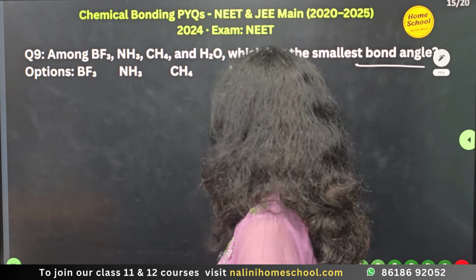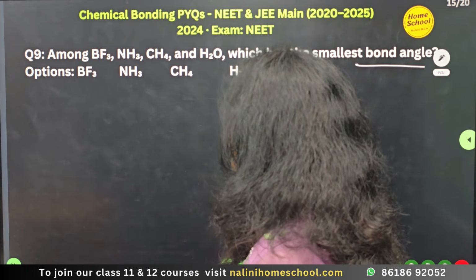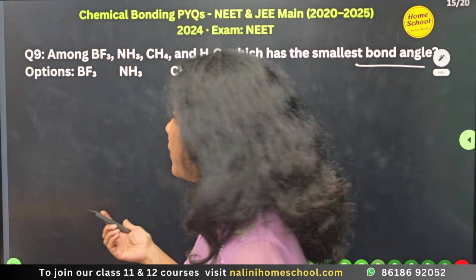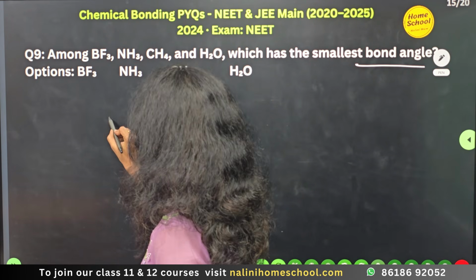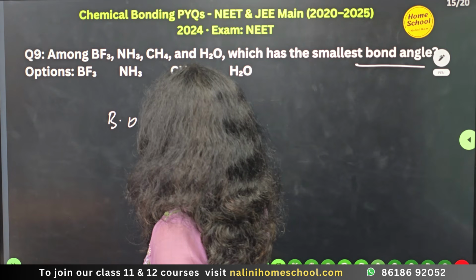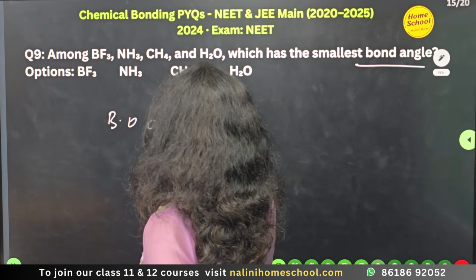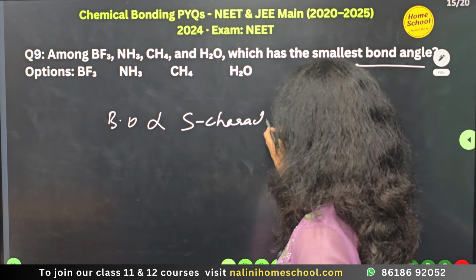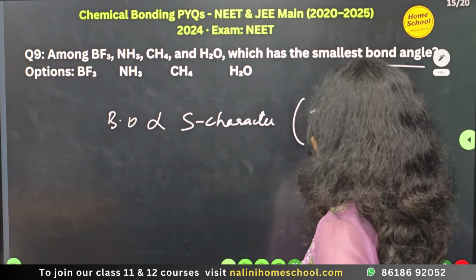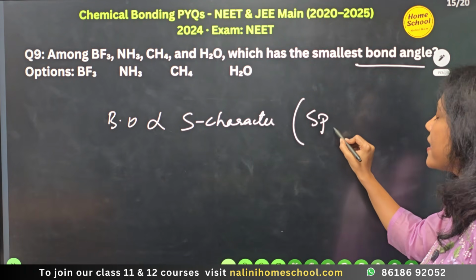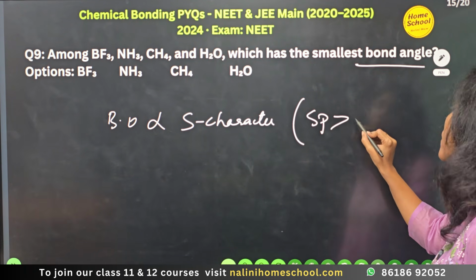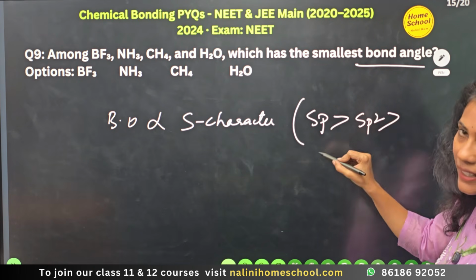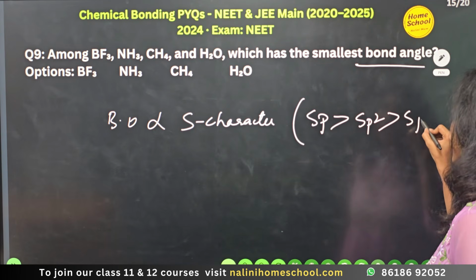Usually the concept is, when all of them have different hybridization, bond angle is directly proportional to the S character in the hybridization. That means if any molecule has sp hybridization, it has a greater bond angle than sp2, and sp2 hybridization containing molecules have a greater bond angle than sp3.